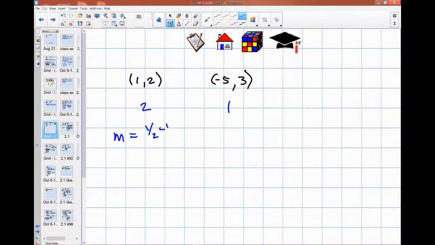y2 minus y1 over x2 minus x1. Now I've got to get this keyboard out of here so I can write a little bit better.